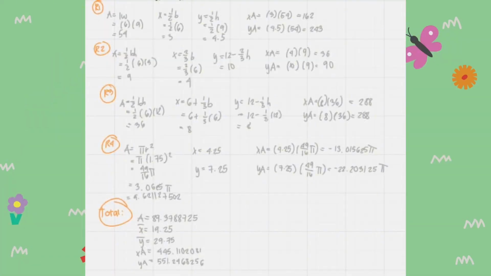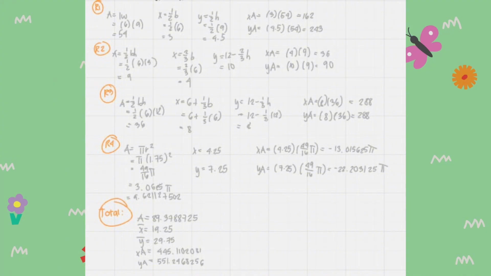For our R1, which is a rectangle, area is equal to length times width. Length is 6 and width is 9. So 6 times 9 is equal to 54. X is equal to 1/2 times length. So 1/2 times 6 is equal to 3. Y is equal to 1/2 times width. So 1/2 times 9 is equal to 4.5.